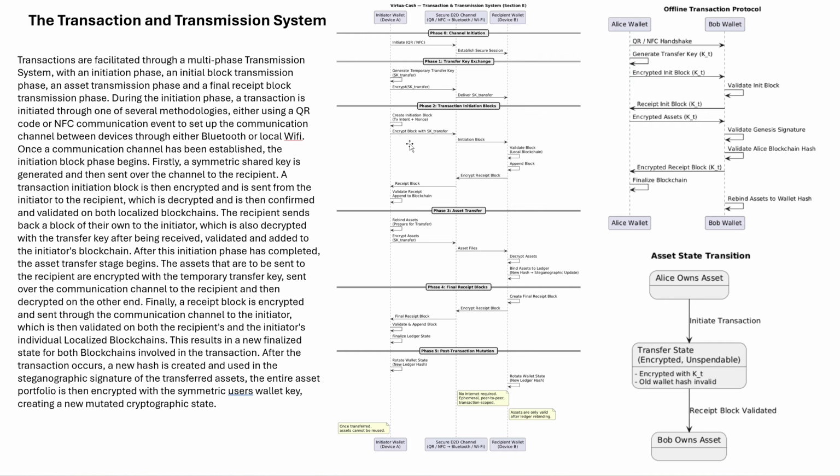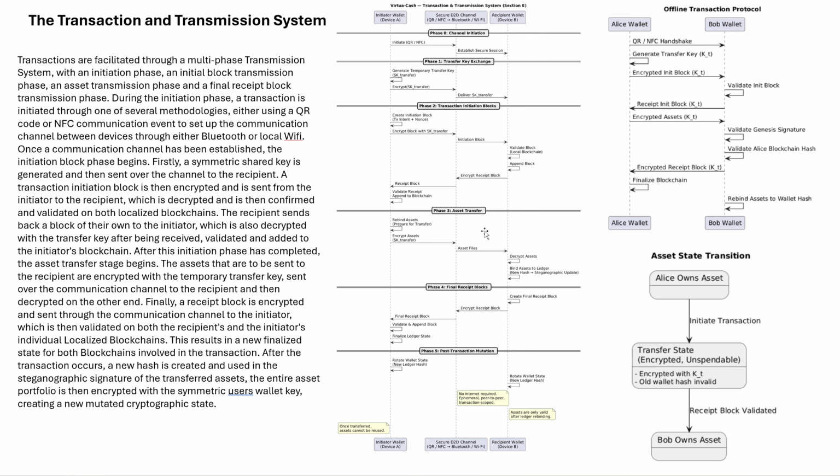It'll say Alice started the transaction. I'll then send a block, and their blockchain will have that same block and say Alice started this transaction. They'll send back a block. I get that block back. It says, hey, Bob received my request to start a transaction. Once both of those have been validated and verified, phase 3 begins.